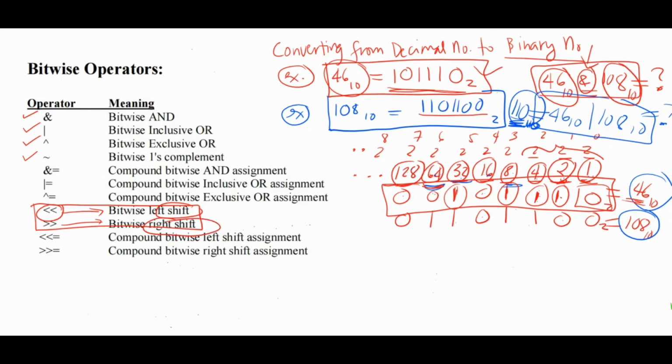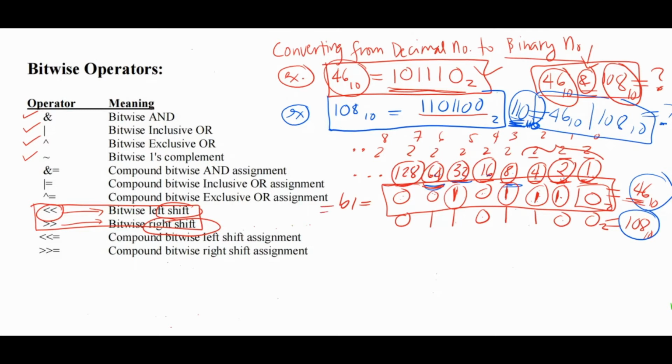So say we let this be B1. B1 is equal to the binary number 00101110, which is equivalent to decimal number 46.